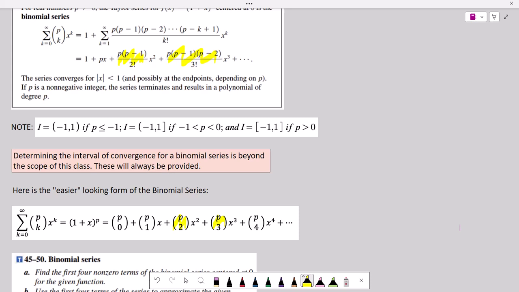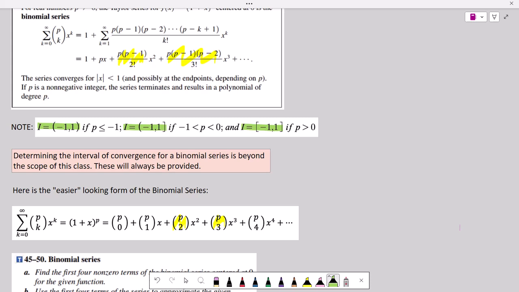Now, the thing that you cannot do at this stage in your mathematical career is find these intervals of convergence yet, because that series has no pattern other than this, and there's no way to do a ratio test with these types of patterns. So this interval of convergence, I have to give it to you for a binomial series.